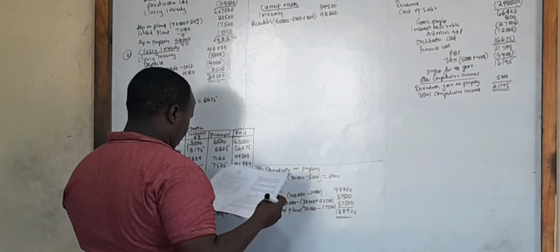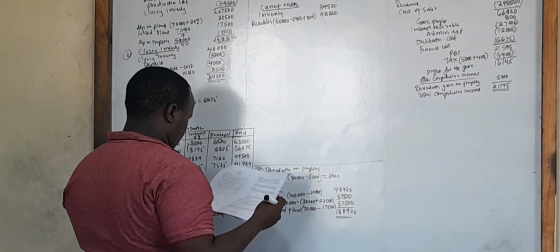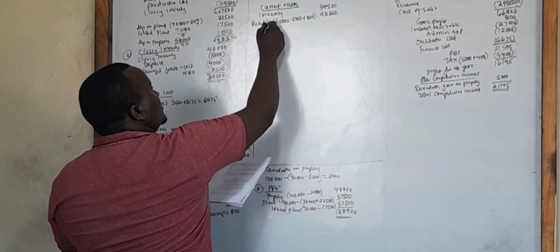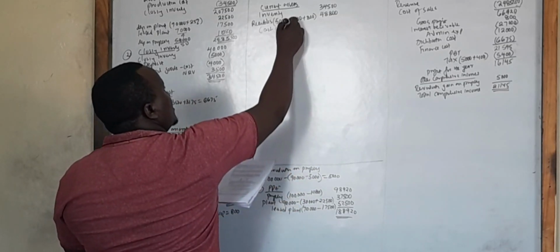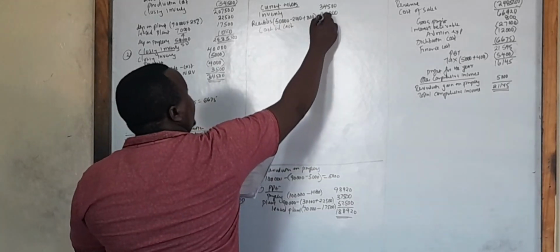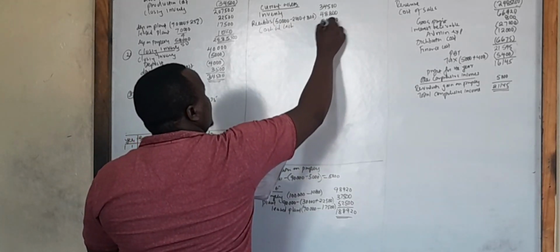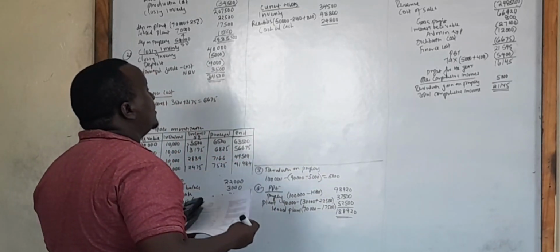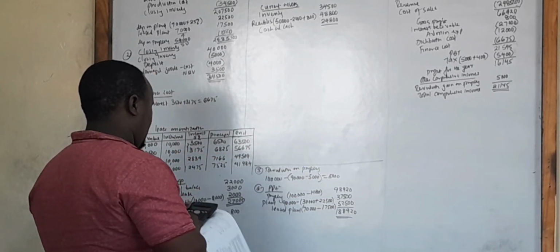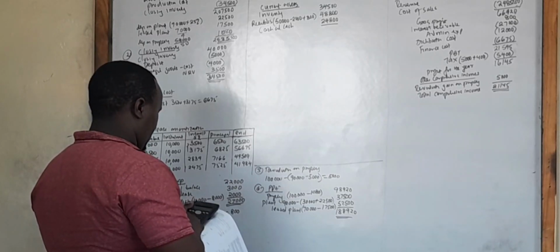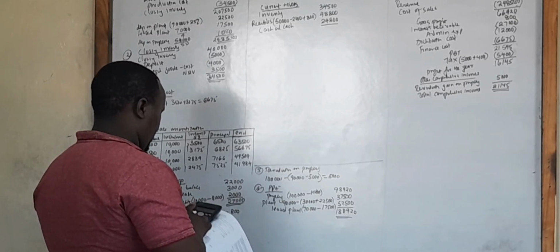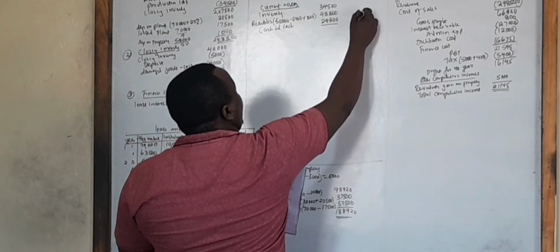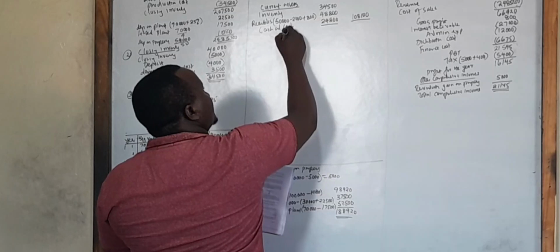Cash is at the level of 2,500. We add that. Total assets.